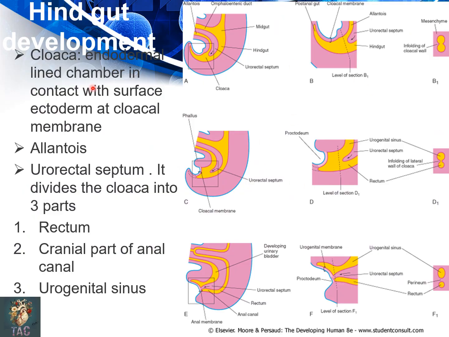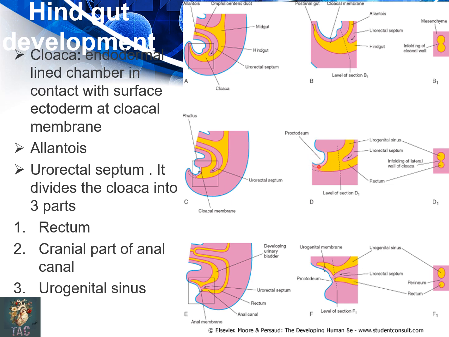So the cloaca, what is the cloaca? Basically it is an endodermal lined pouch in contact with the surface ectoderm at the cloacal membrane, and the allantois is received at the ventral aspect of the cloaca. Here you can see in this diagram, this part of the hindgut disappears. This dashed line shows you that this part disappears, and this area of the cloaca comes into contact with the proctodeum.